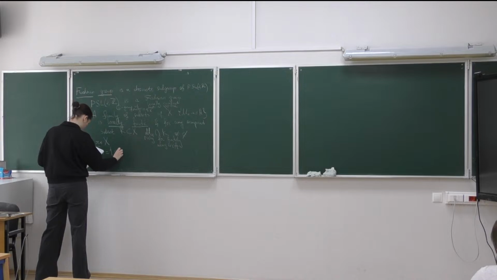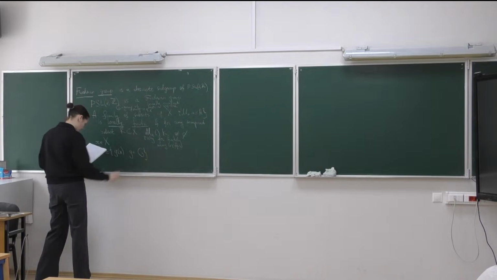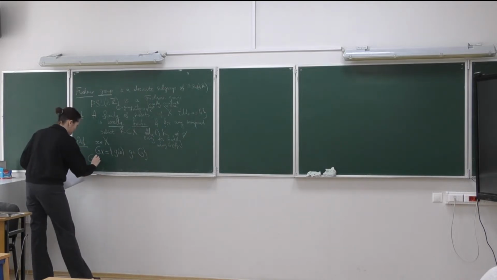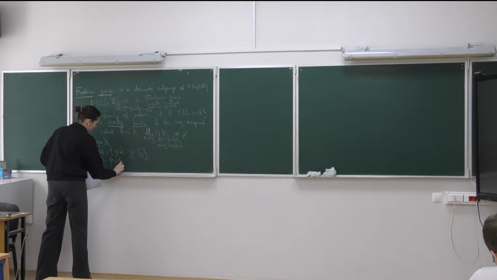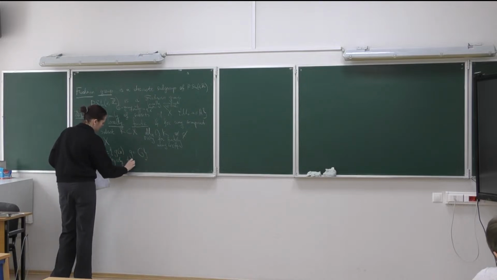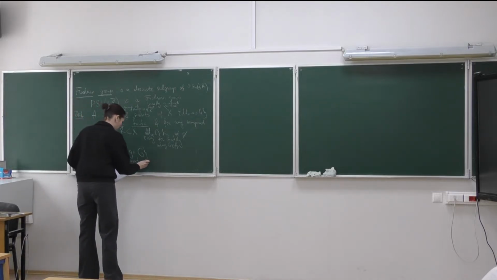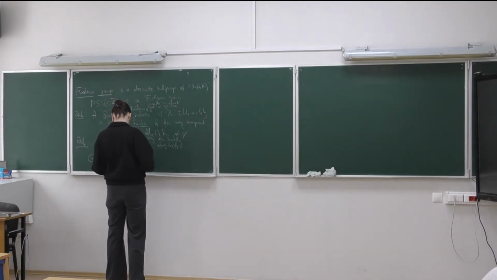It's g of x, g in G, and this is the G orbit. And we say that G acts properly discontinuously if and only if each orbit of G is discrete.